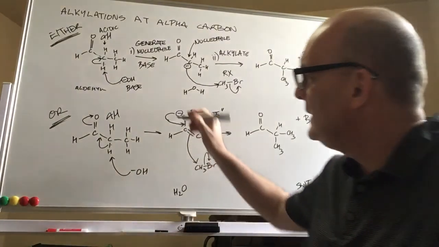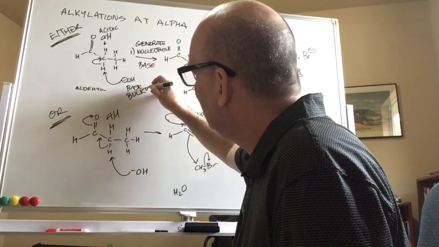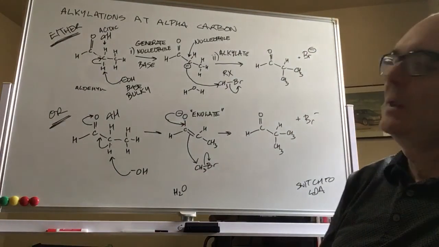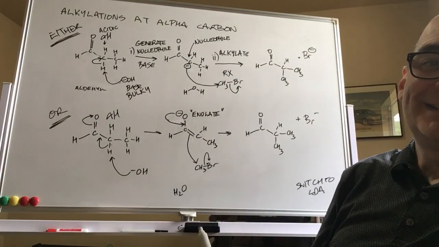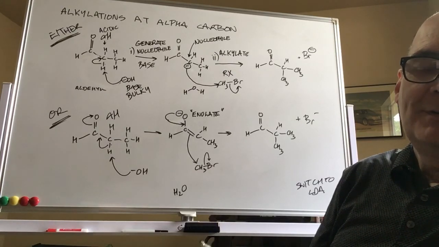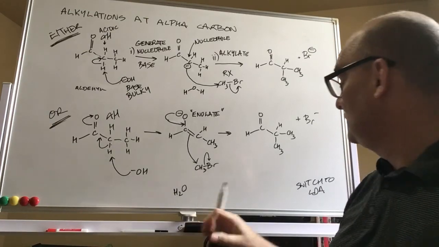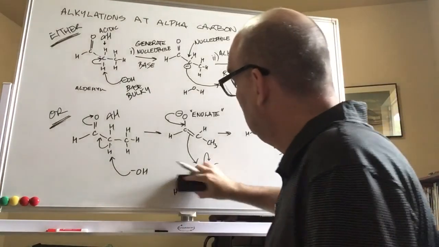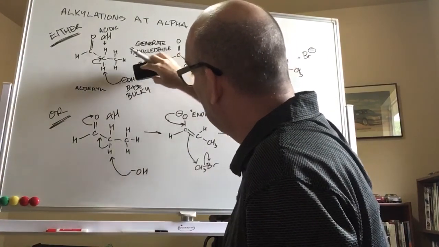And if we make our base bulky, then it only does the base thing. It doesn't do the nucleophile thing. So I'm going to switch out the base in this reaction.